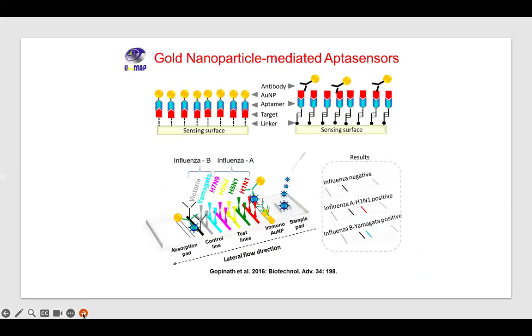Right. Another one is multiplexing, meaning that on a single lateral flow we can have multiple disease detection, depending on the different biomarkers that you use, okay, bioreceptors.